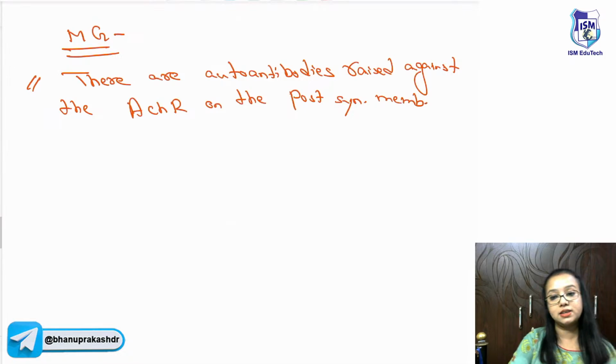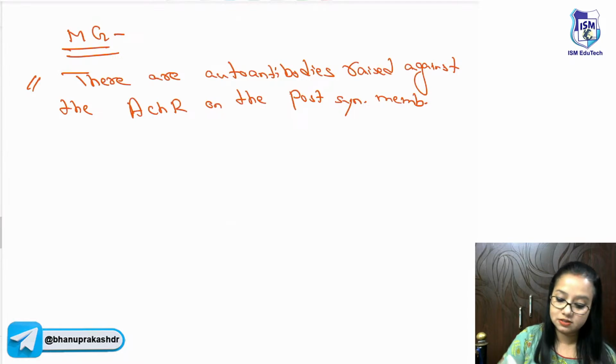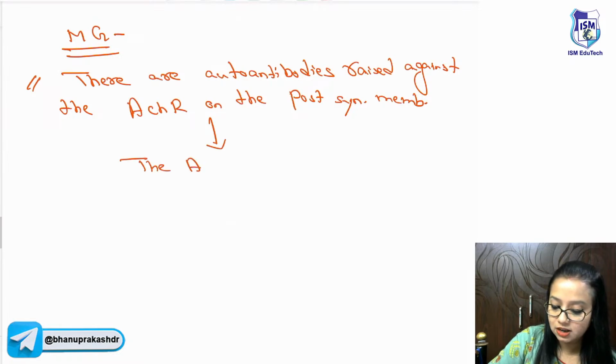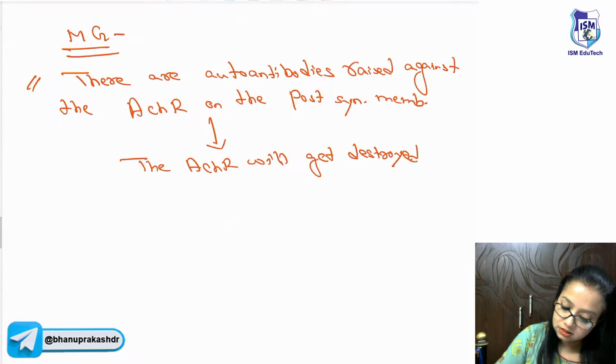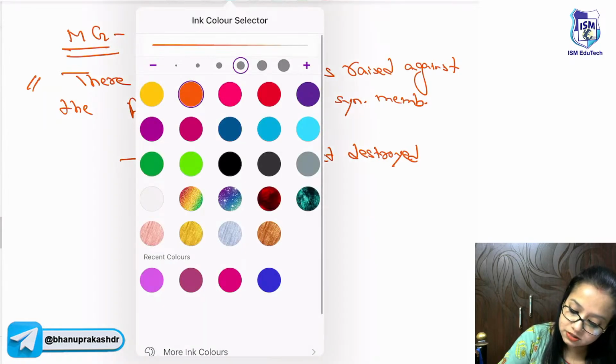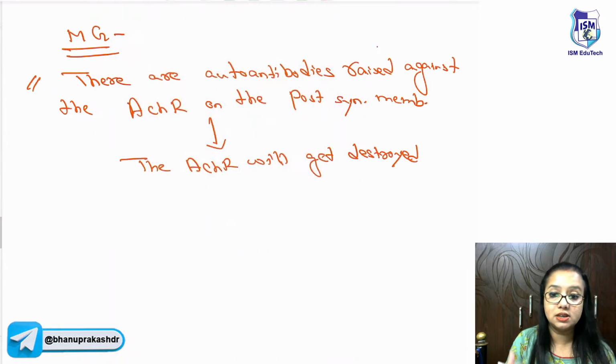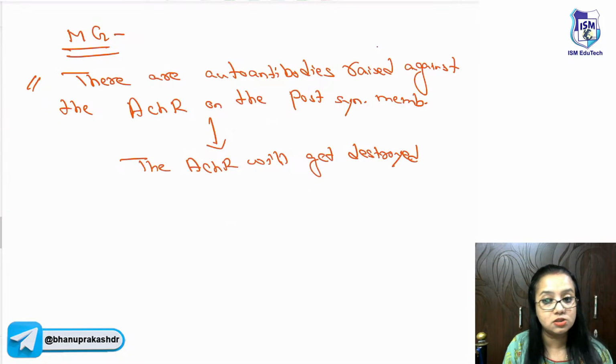So when there are antibodies raised against this NM receptor, what will happen? The acetylcholine receptor will get destroyed. As a result, there will not be enough acetylcholine receptors for acetylcholine to bind.